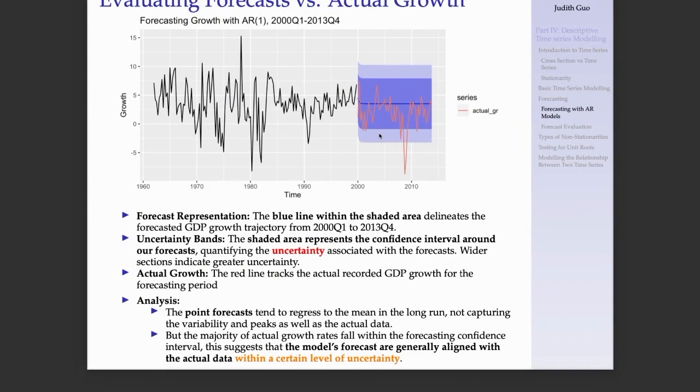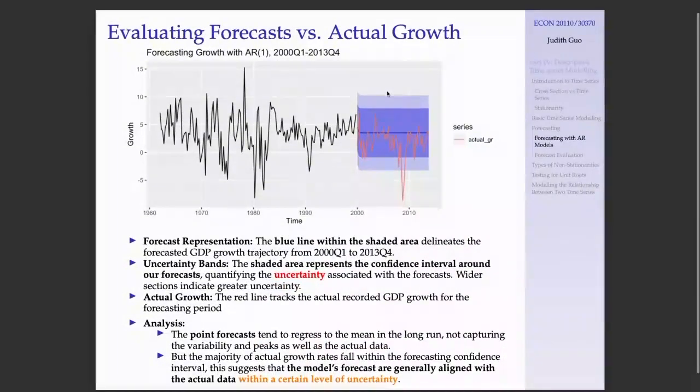If you take the shaded area into account, we can see that most of the actual series actually lies inside the shaded area. So even though the point estimate doesn't really capture the actual series well, if we take uncertainty into account, the forecast actually generally aligns with the actual series within a certain level of uncertainty. So this is forecasting with a stationary time series.